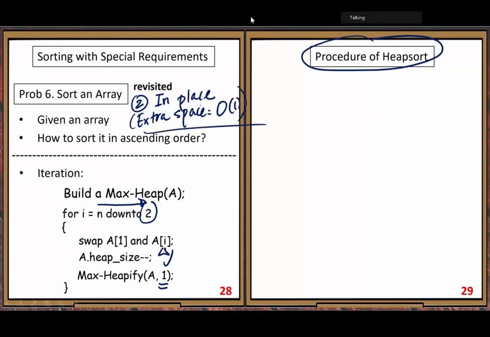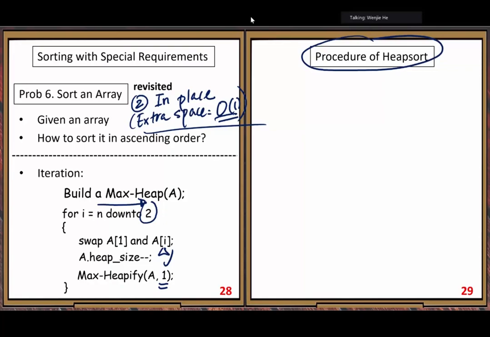Now, we need to check if this algorithm is in place or not. One thing I mentioned before regarding in-place algorithms: the extra space used must be bounded by some constant. That's the key requirement for an in-place algorithm.